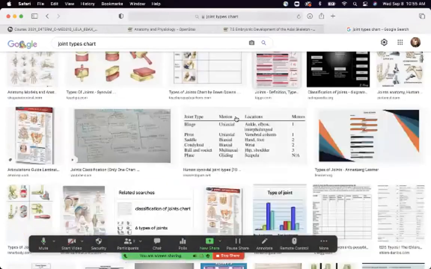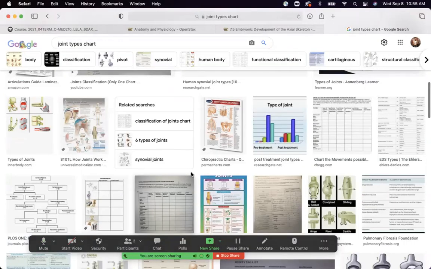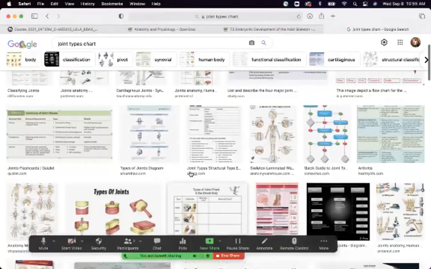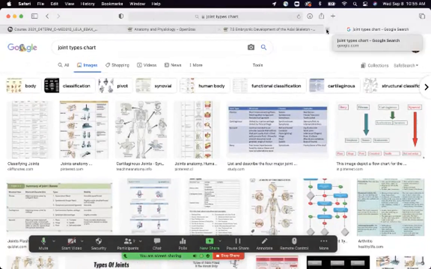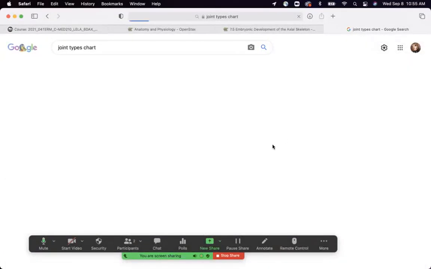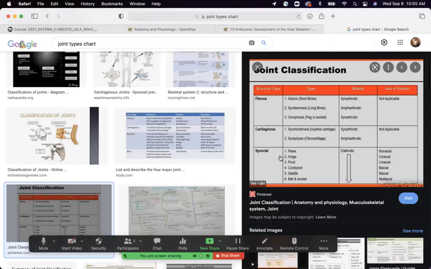No, that's not it. Are they not going to show it? Nah, they're not going to show it. Structural classification, maybe. Okay, this is kind of good.